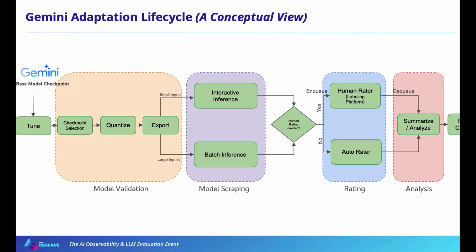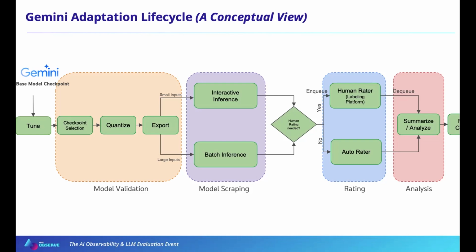One is around interactive inference, what I call eyeballing user journeys, where folks are trying to do side-by-side comparison and looking at their results. And then there are use cases where folks have 1 million rows of data sets and they just want to run a batch inference, which is more for throughput optimized systems.